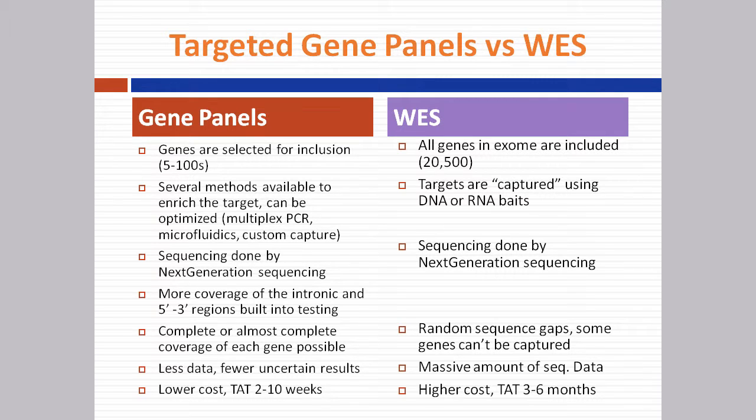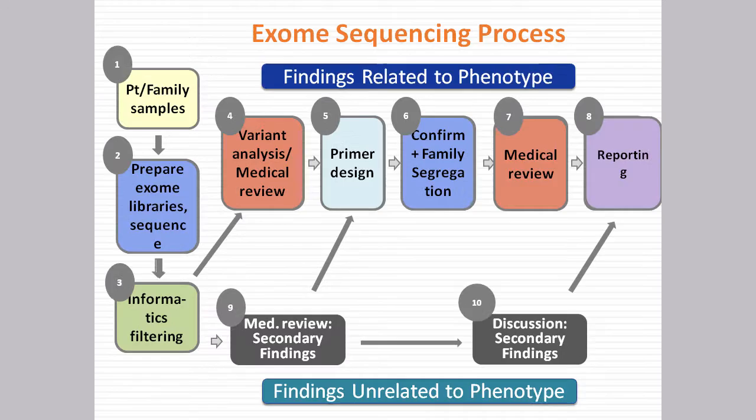For whole exome sequencing, you have to accept that there are gaps in the sequence. You are unable to get every single nucleotide of every single gene. That's impossible at present, so we have to be comfortable with some areas simply not being evaluated. Obviously, it also has a much higher cost, and it takes a much longer time to get to results.